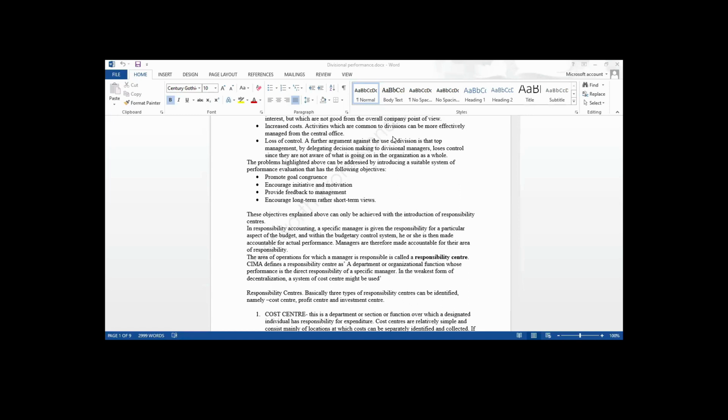I will repeat that. Responsibility accounting: a specific individual, a manager, a director, is given the responsibility for a particular aspect of the company's budget.